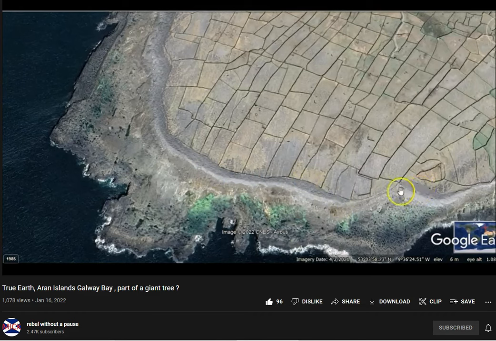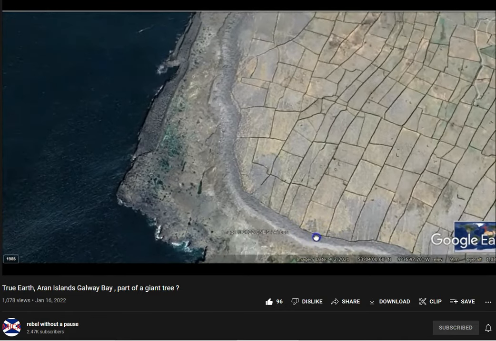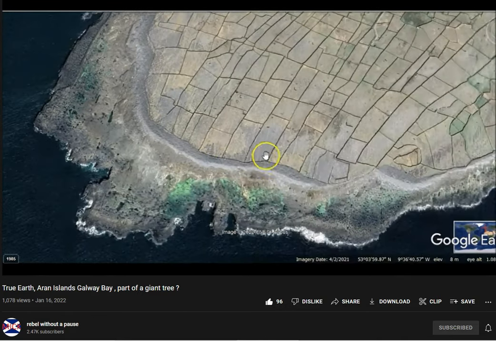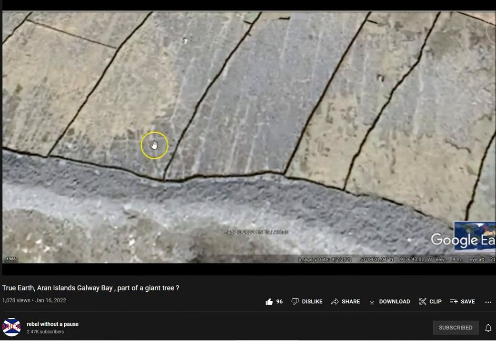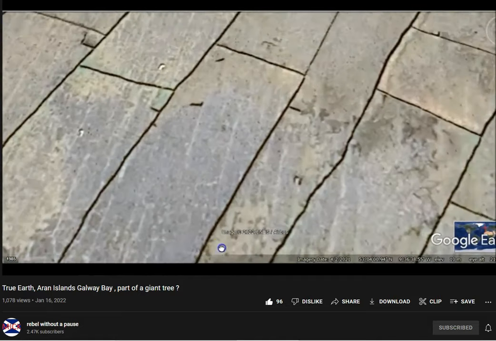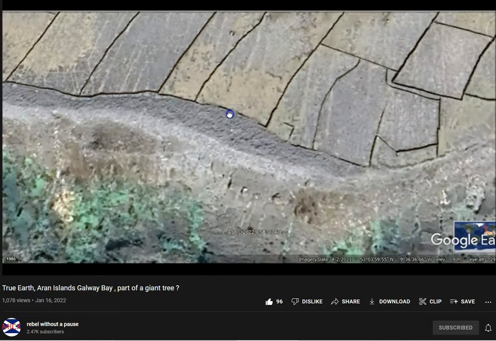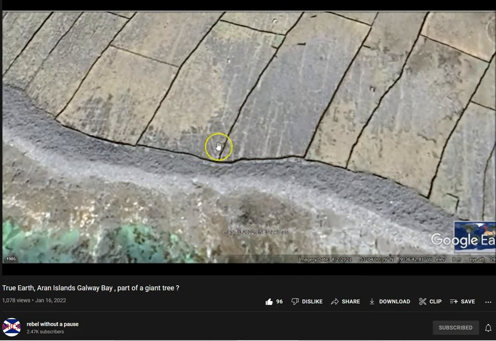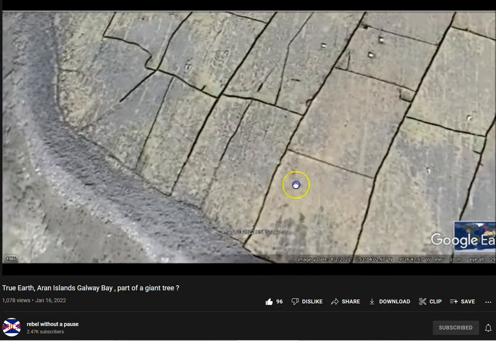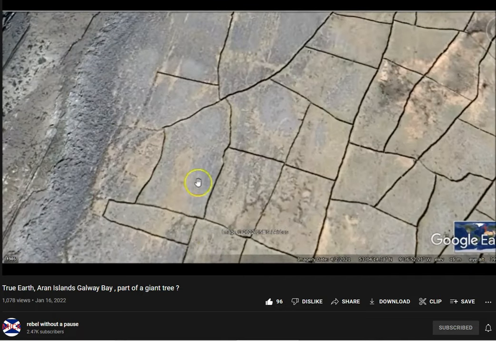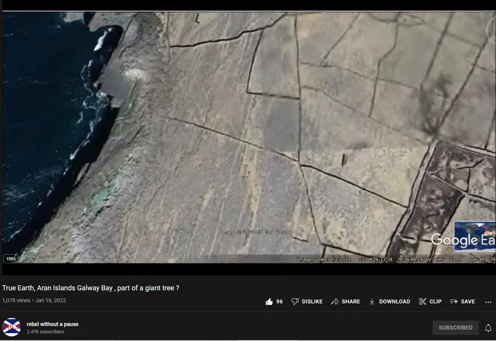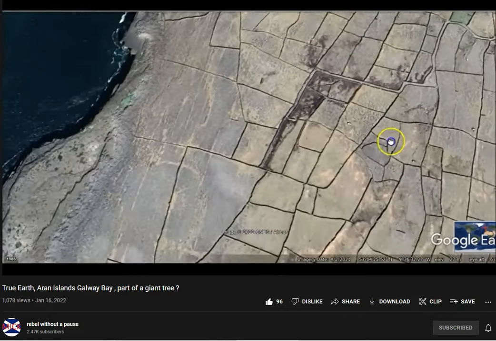Some I think have been worn away. But the walls go right to the edge of, well, what do you call that? It's not as if it's, it's like this. And this looks like that was there before the walls. Right, now.